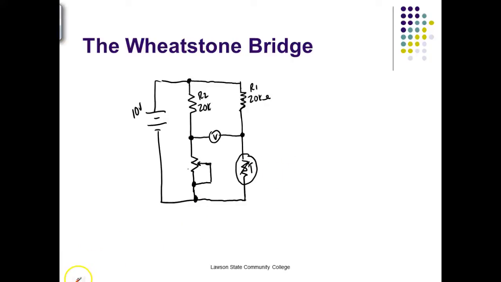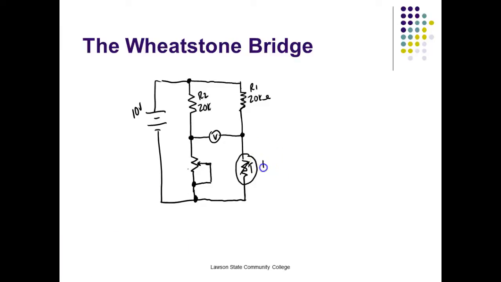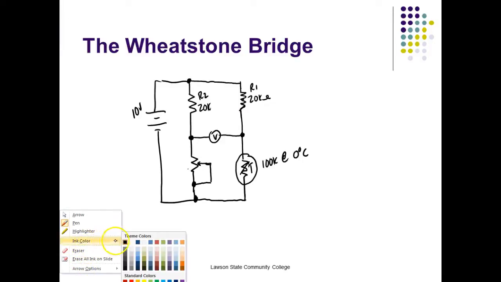So just to give y'all an example, I'm going to say this is 100K at 0 degrees centigrade. Now, to reference this, what I would like to do is balance this out, right? You understand?